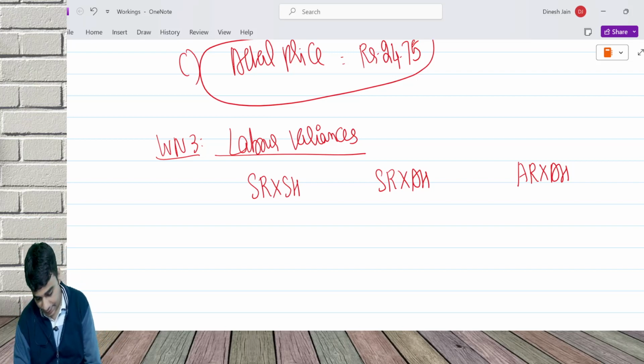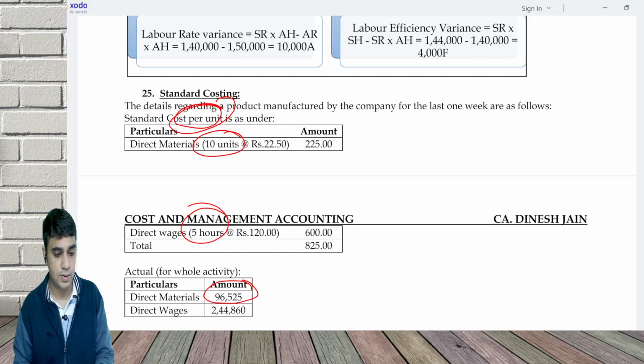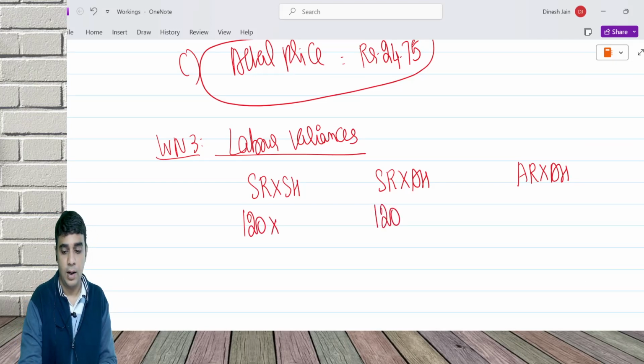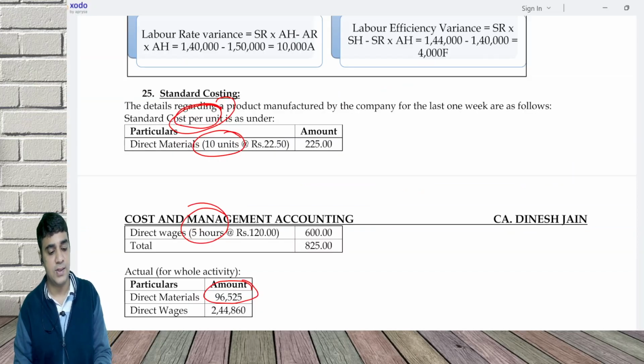Whatever is available, let's write it. Balance we'll see. Is the standard rate available? How much? 120. AR into AH directly given, how much?